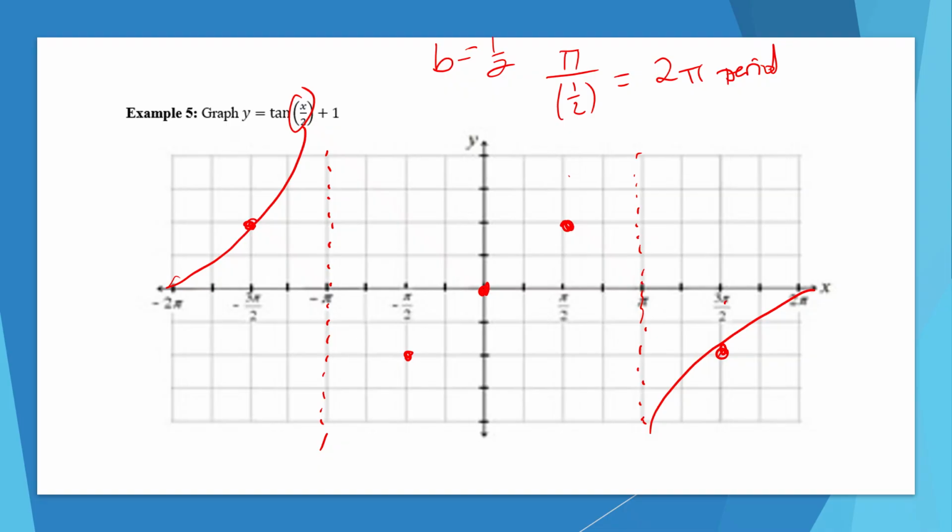So let me redraw this equation again. Something like that, right? And then the final step is that plus 1. So let's take care of that by just moving every point that we have up 1. That will not impact our x values in any way.